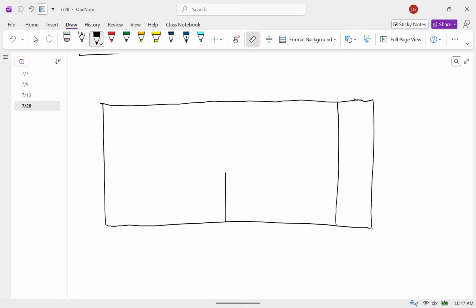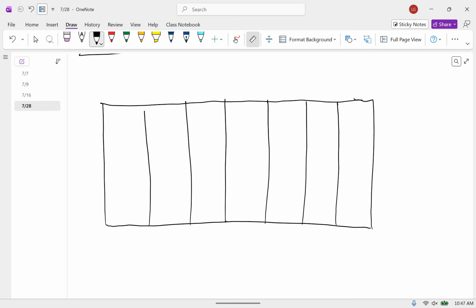Okay, so let's see. Here are the 7 columns, and those are going to represent RAX, RAY, F12X, F12Y, RCX, RCY, and then the constants.